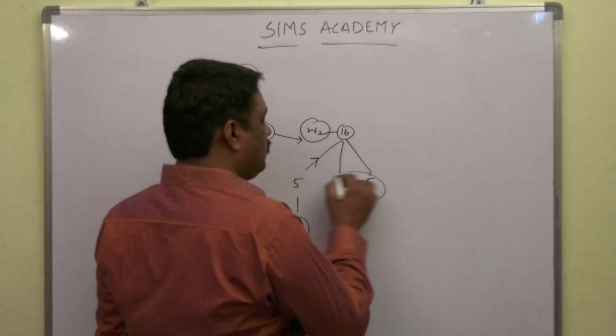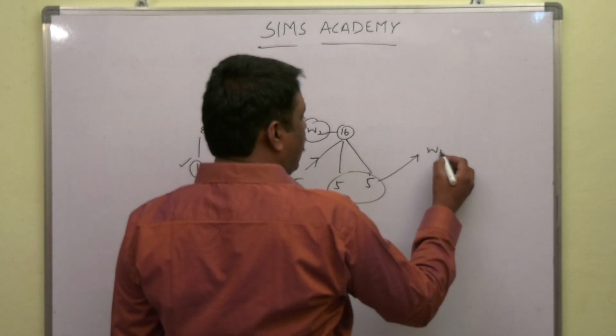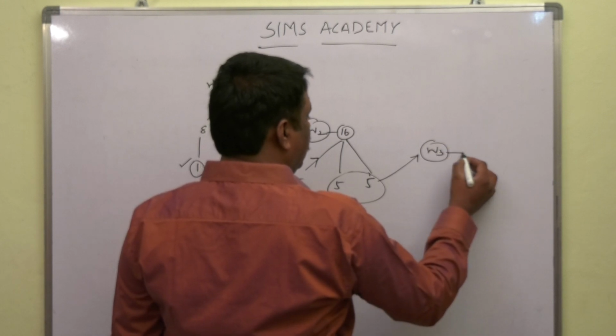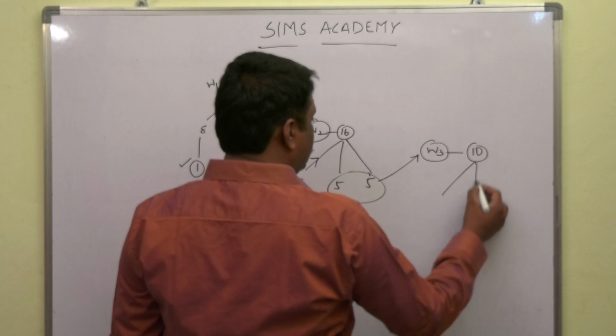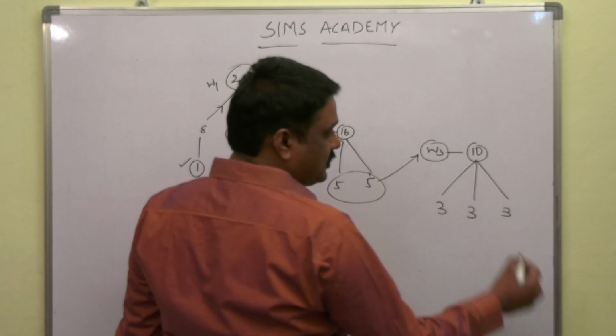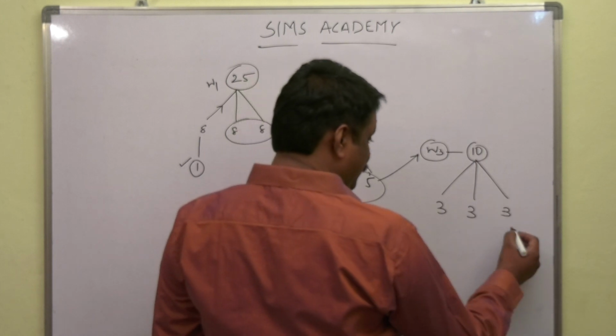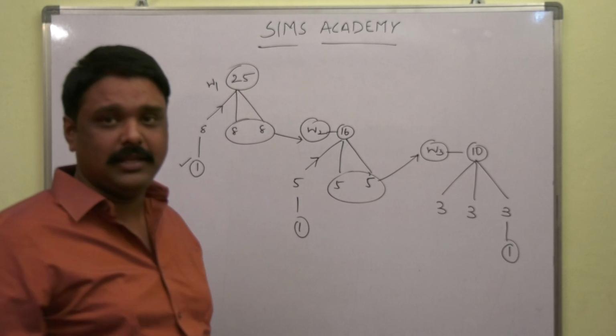And again the bunch which remained was taken to the third wife, and here we have 10. Again she has divided into 3 equal shares, 3, 3, 3, and 1 remains.